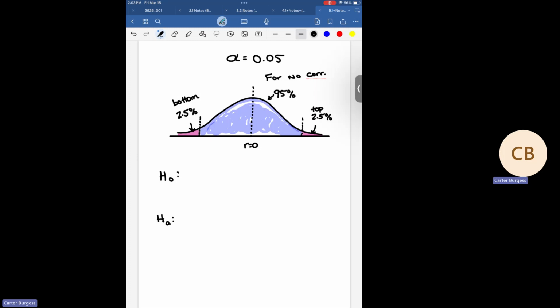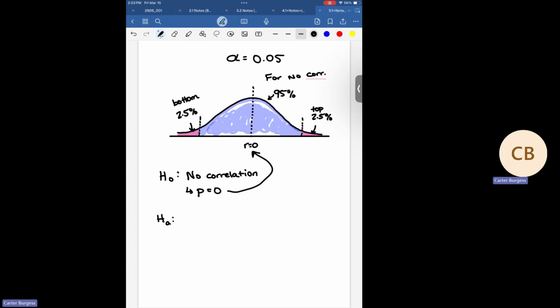Not having a correlation. So H sub 0 is going to be that there is no correlation, or, we haven't seen it this way yet, but this is ultimately what this means as well, the idea that the true parameter is equal to 0.